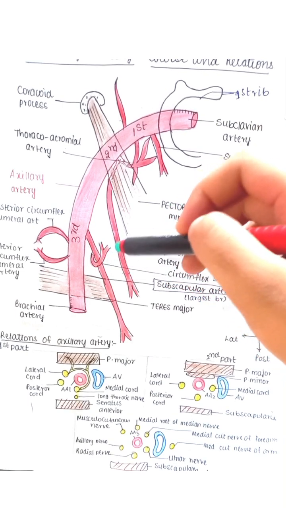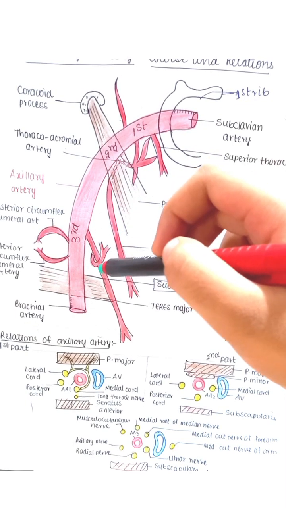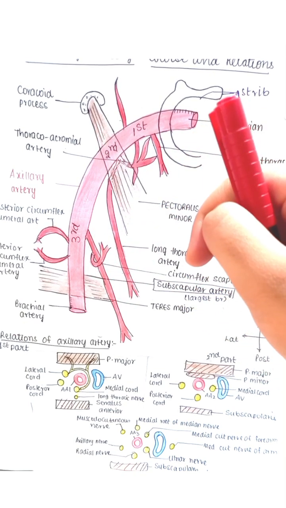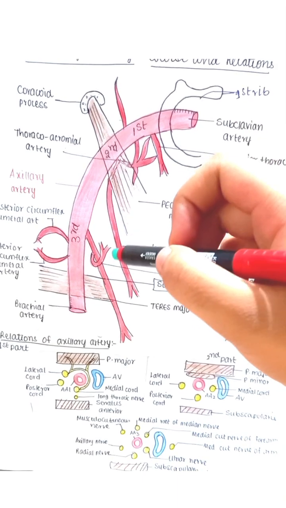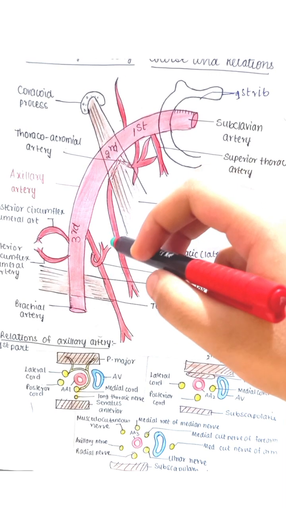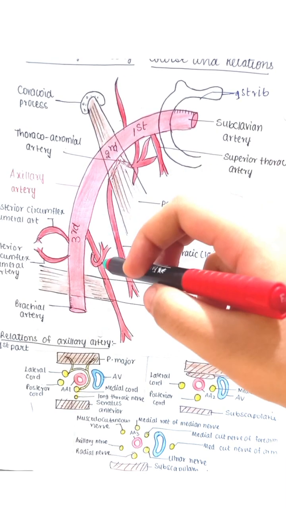This circumflex scapular artery runs in the upper triangular space, then winds around the lateral border of the scapula, and enters the infraspinous fossa.